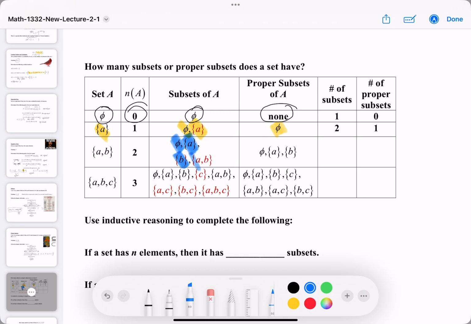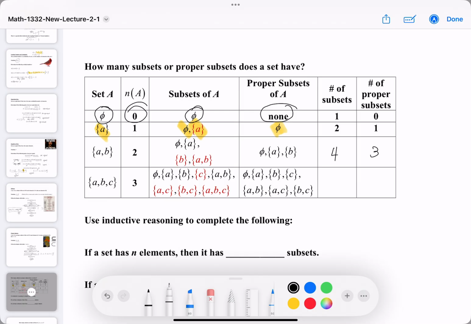Also itself, {A, B}. So we have 4 subsets. And how about the proper subsets? I cannot choose {A, B} because they are equal. So we have 3 here. Number of subsets, we have 4. Number of proper subsets, we have 3.